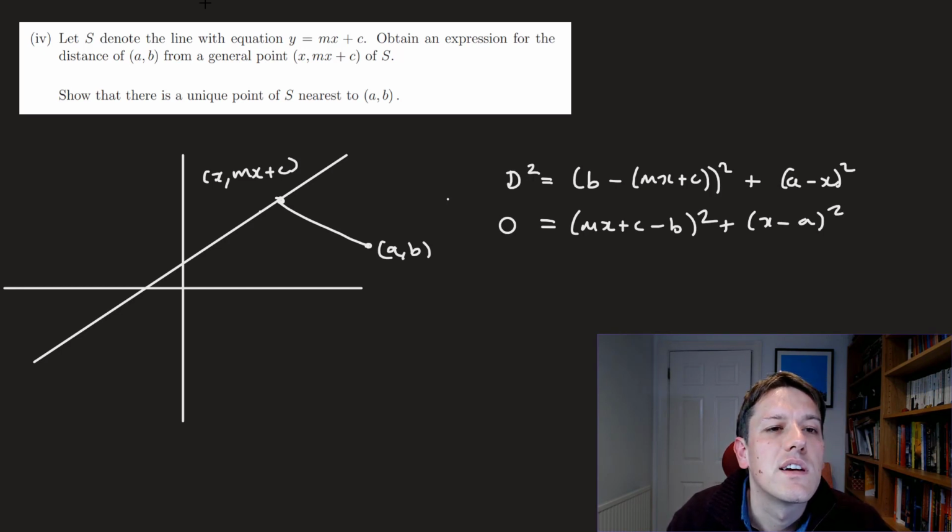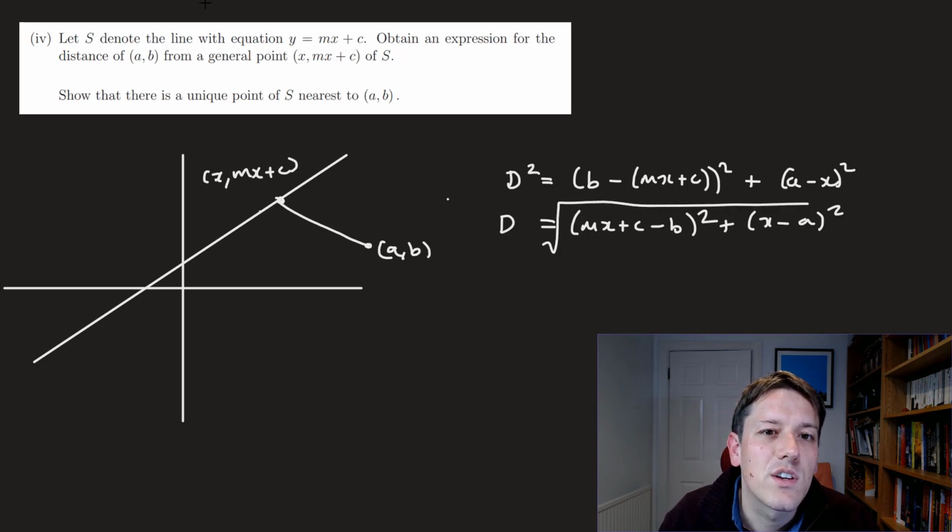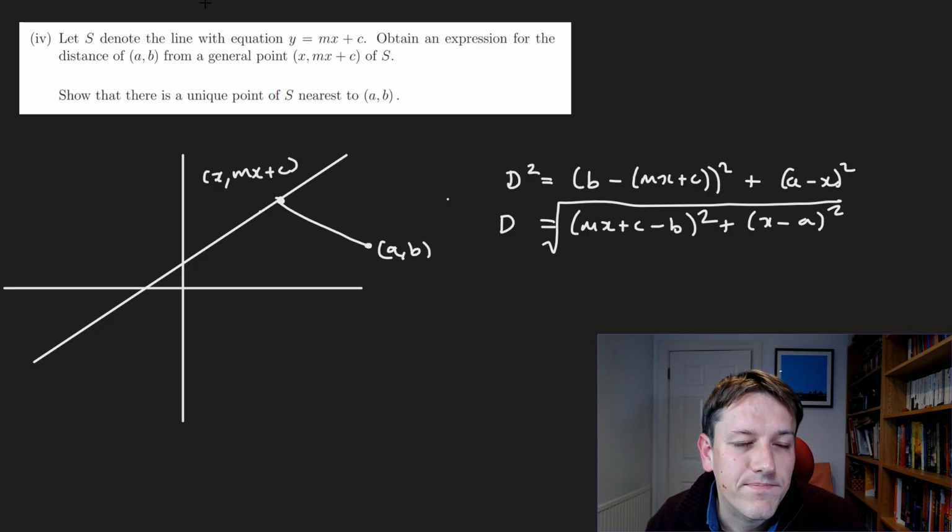So the distance is the square root of that. Okay.